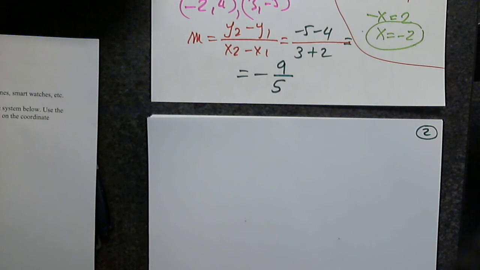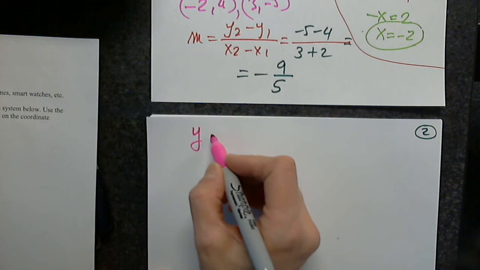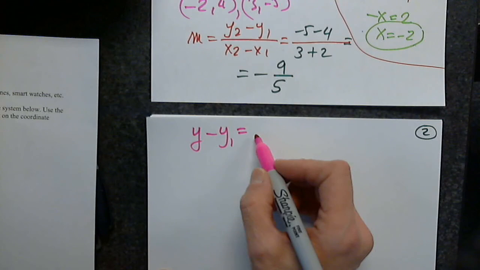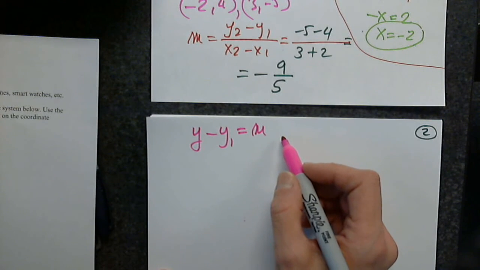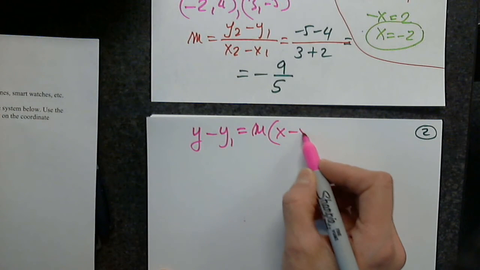So what do I have to use now? It's y minus y1 equal to m times x minus x1. Very good.